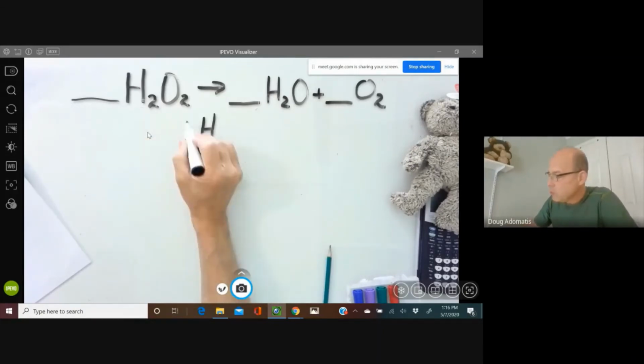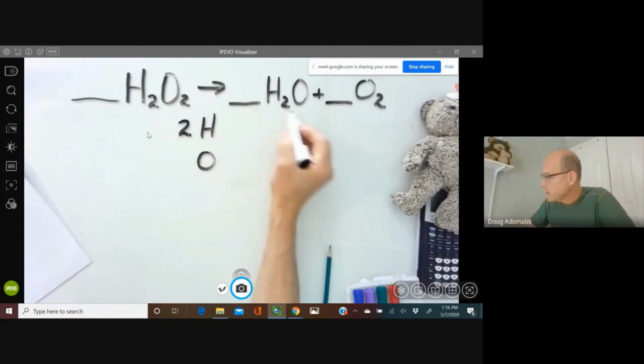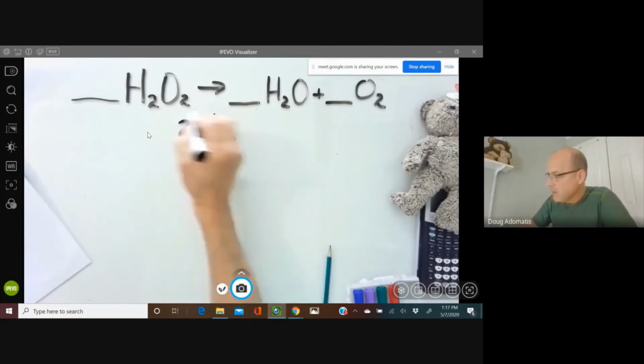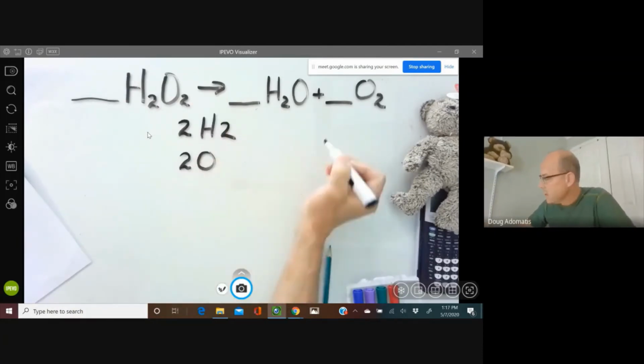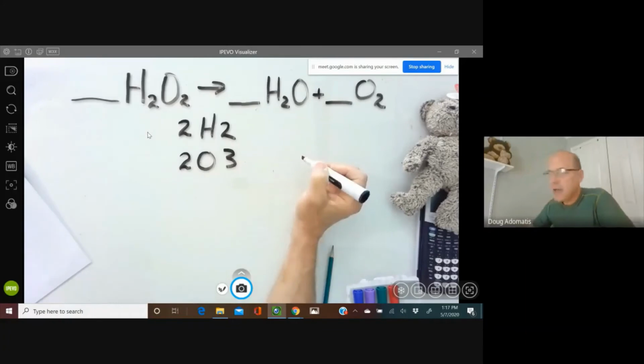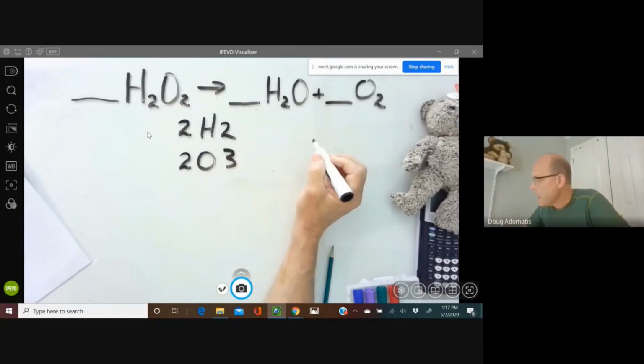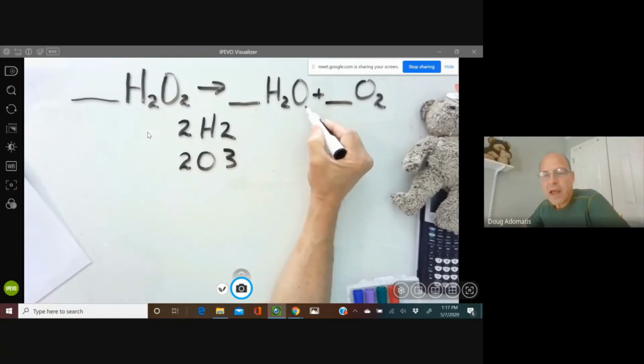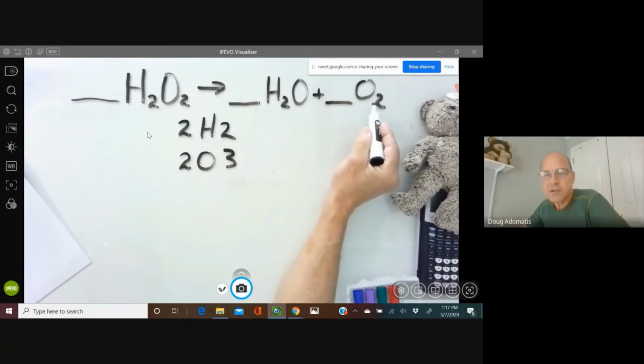I have 2 hydrogen on this side, and I've got 2 hydrogen on this side. I've got 2 oxygen on this side, and I have got 3 oxygen on this side. It's not in balance because I've got the 1 oxygen with the water, and I've got 2 oxygens with this diatomic oxygen.